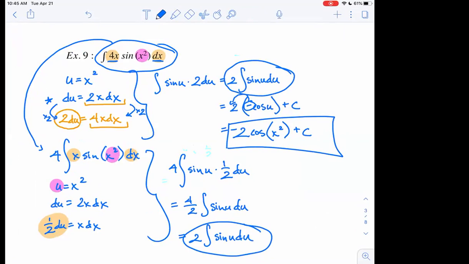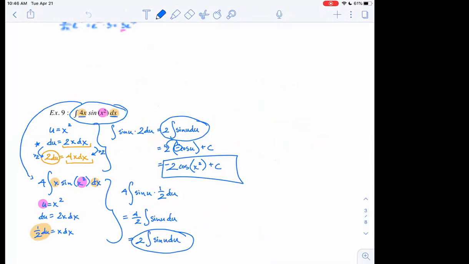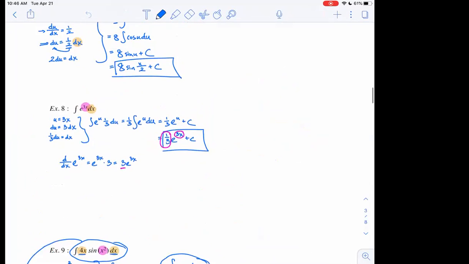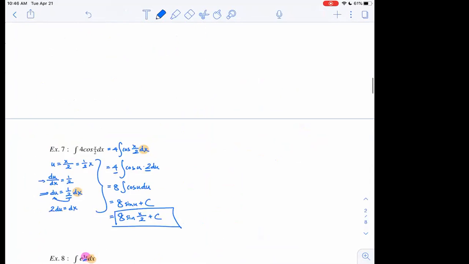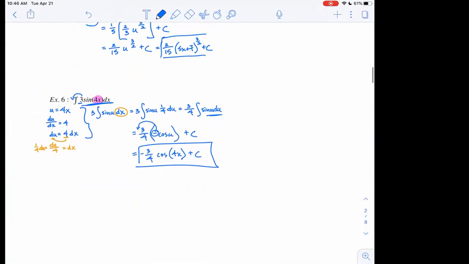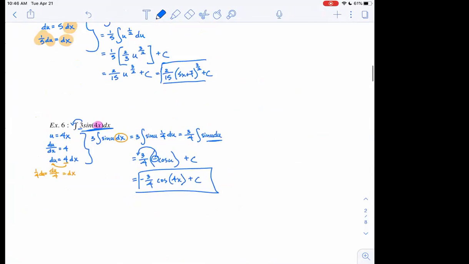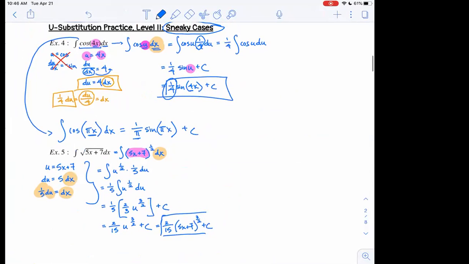Before our little break, we finished off with some questions where we were looking at maybe a sneakier case of U-substitution, okay? So cases that are almost like the simple cases of chain rule. They're so simple that we really just have to remember that sine of 4x is different from sine of x, and cosine of 4x is different than cosine of regular x.